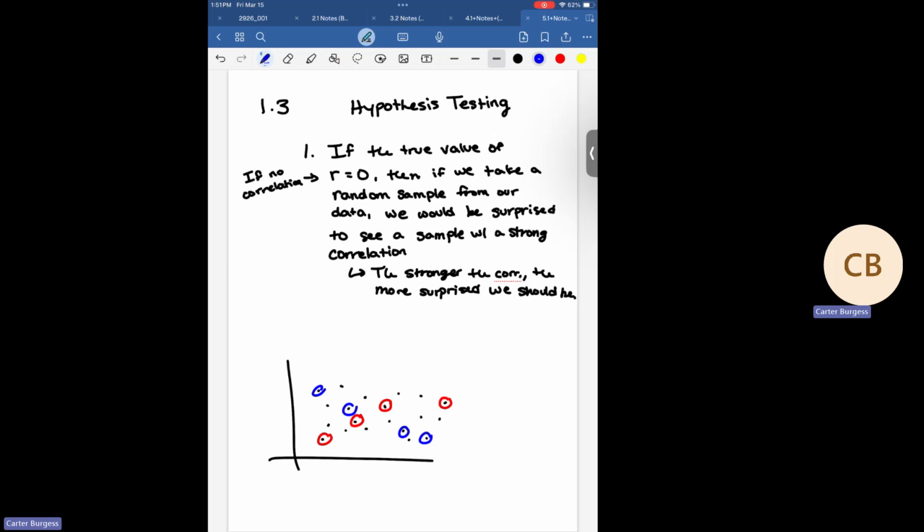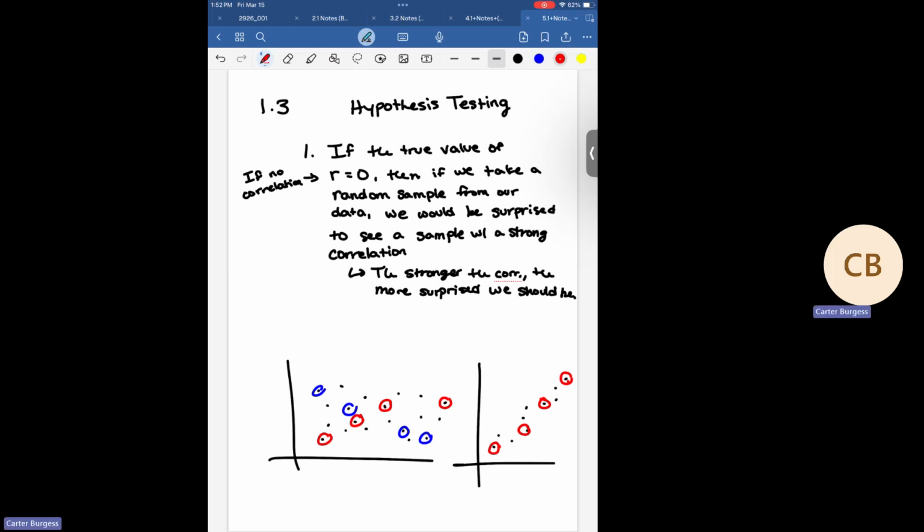A lot more likely would be us getting the kind of red dot-esque R value from something more like this, right? There are a lot more ways to circle 4 dots and get a similar R value, right?